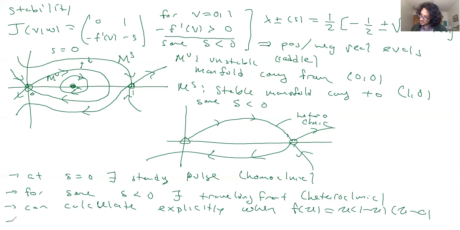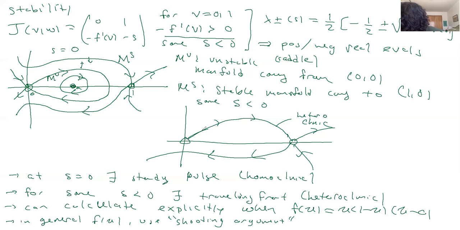But in general, for f of u, we use the above, it's called a shooting argument, okay? And the idea is that you shoot this stable manifold, this unstable manifold from here, and you see if it ends up hitting your other saddle. If it doesn't, then you adjust, right?